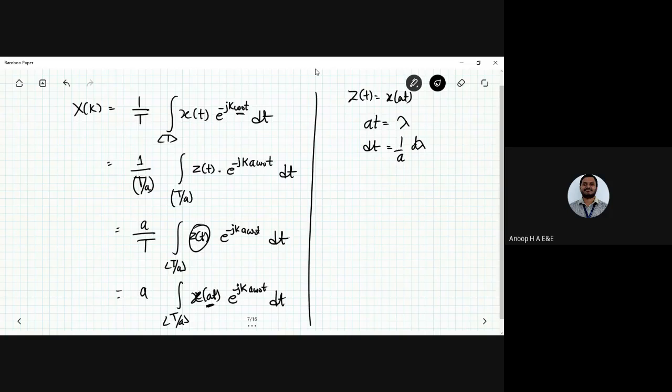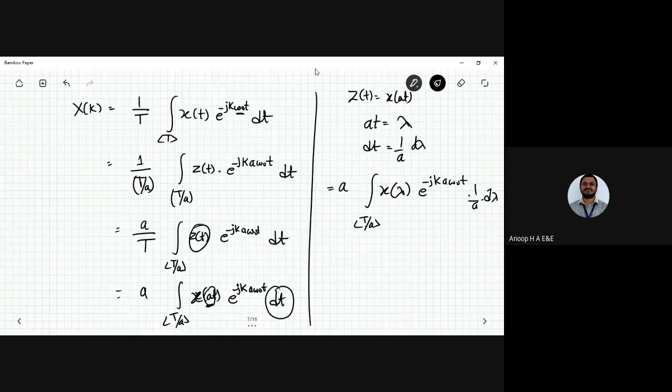So dt has to be replaced, and everything is with respect to the variable lambda. So we get a divided by t, integral over t of x of lambda e power minus j k a omega naught t, and this dt is replaced by 1 divided by a d lambda.